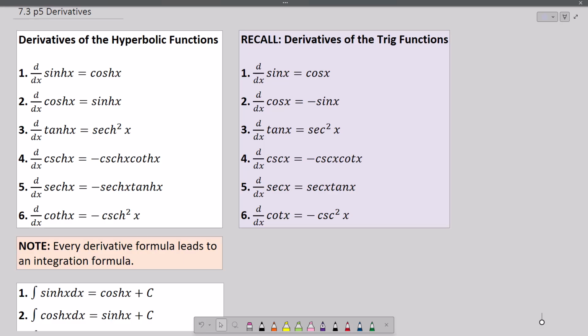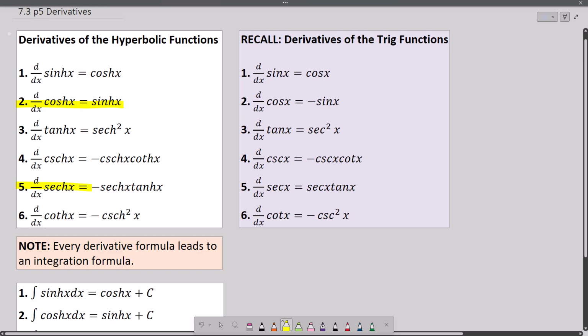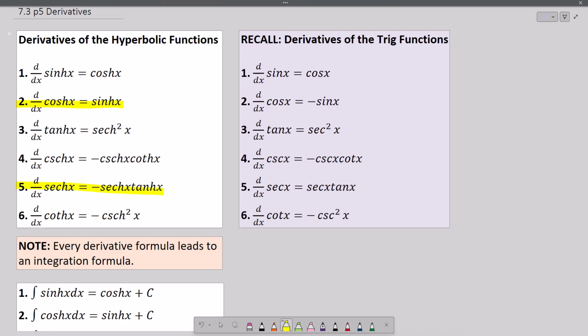So over here I have the ones that you should have memorized by now, the trig functions. Here are the hyperbolics. Almost the same. I'll underscore the two that are different, right there. The nice thing about the hyperbolics is that sinh and cosh are each other's derivatives.